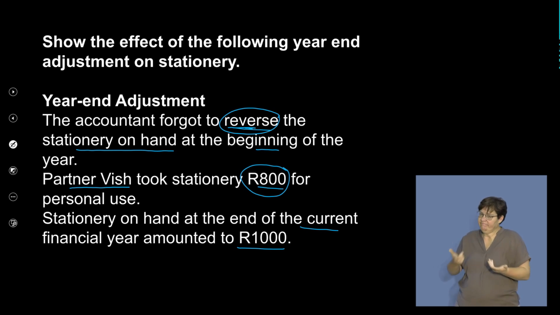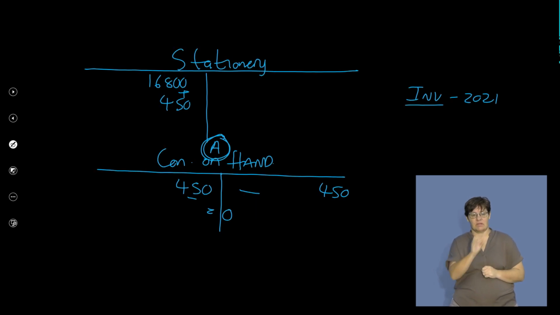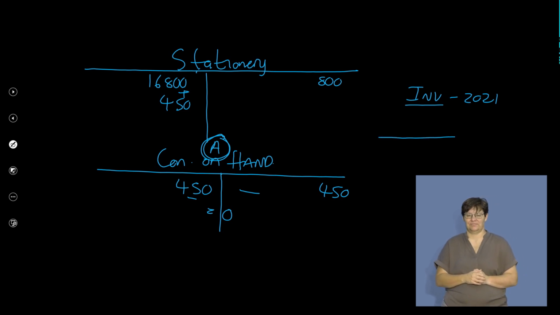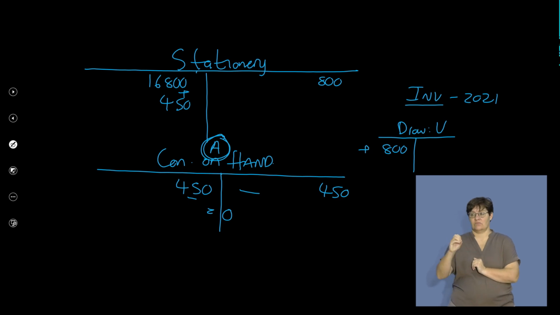Because this is not a business expense, once again, we're going to have to make a relevant entry in our ledger account. So remember, stationery will be credited by 800 Rand, right? And the other account affected is obviously drawings for Partner Vish, where his drawings will increase by 800 Rand.